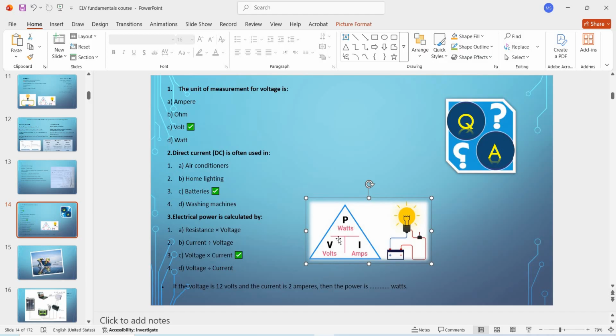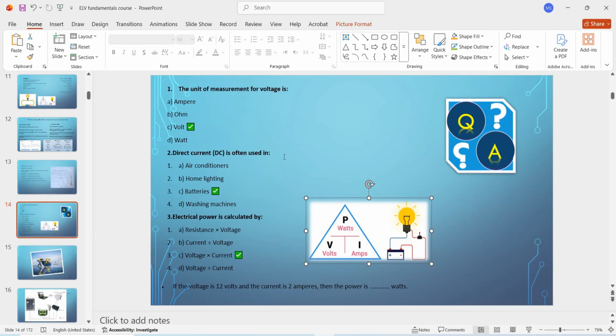So the power is the volt multiplied by the amperes, which gives me 24 watts. So if we need to get the power, we multiply the volt by the ampere. If we need to get the volt, we divide the power by the ampere. If we need to get the ampere, we divide the power by the volt.